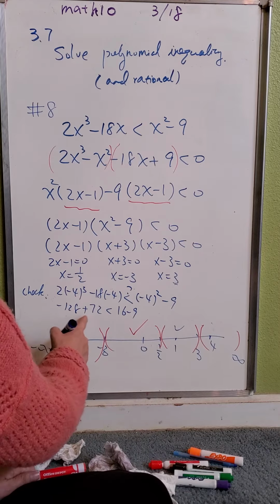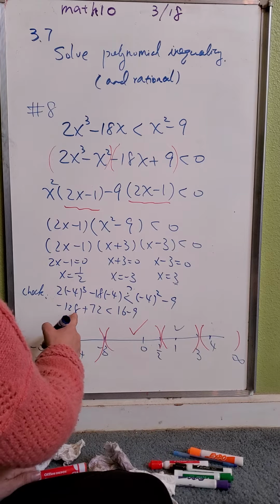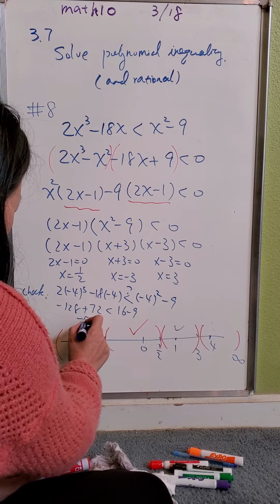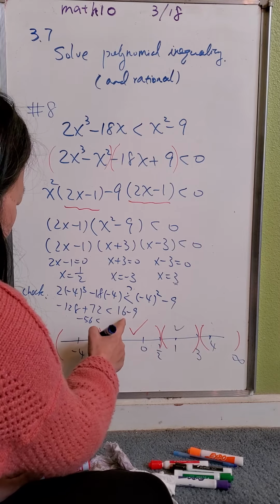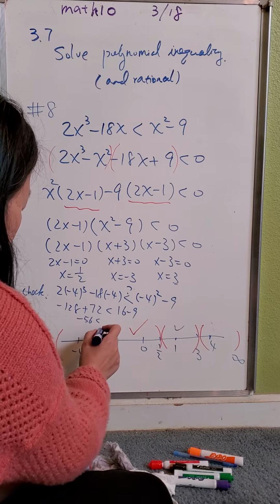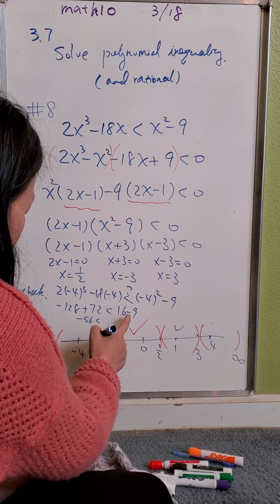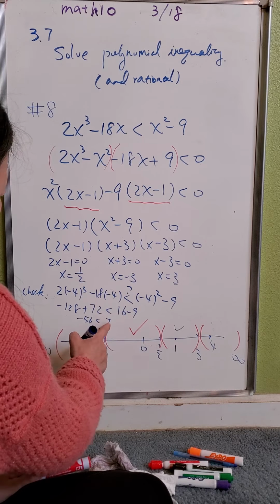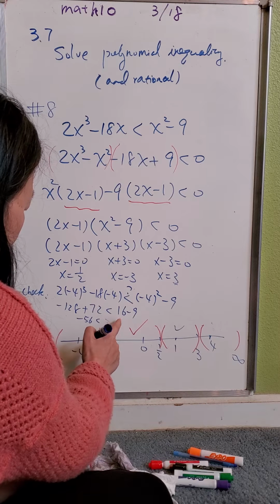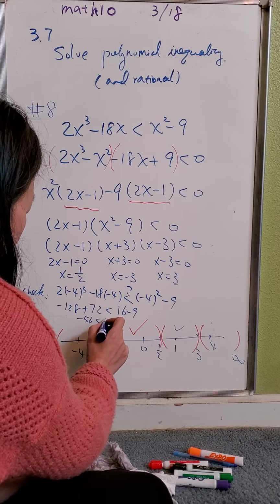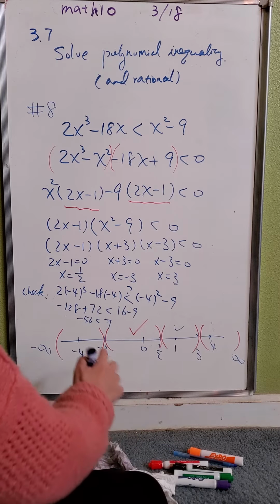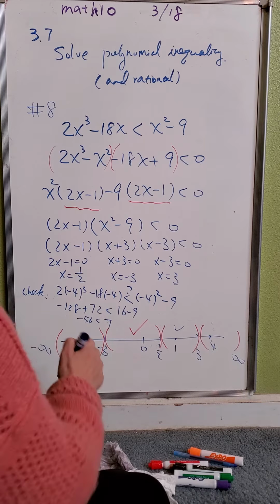So negative 56 less than, oh no, this is positive here. 16 minus 9 is equal to 7. Negative 56 less than 7. Yeah, that is true.